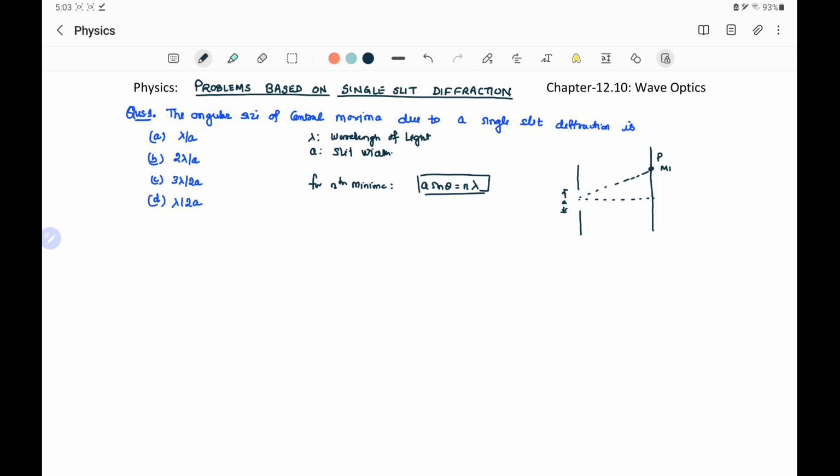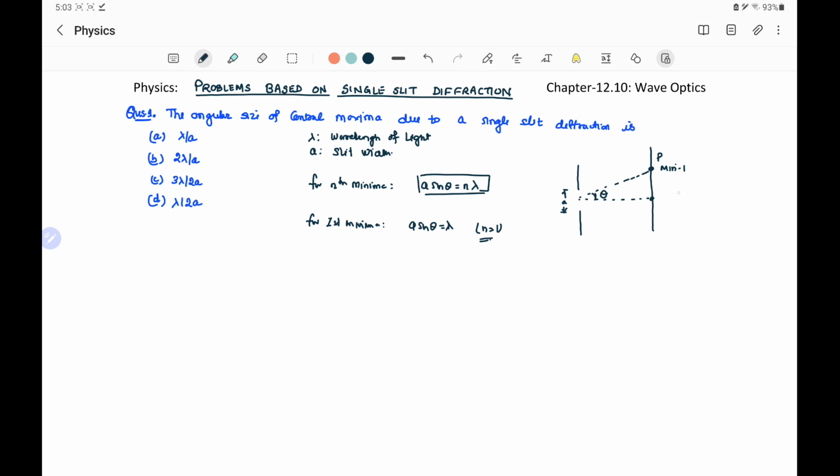Suppose this is the minima 1, then the angle is theta. So for the first minima, the condition to be satisfied is a sine theta equal to lambda, using n equal to 1.